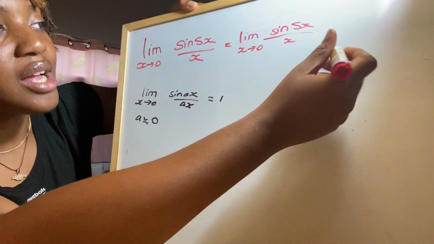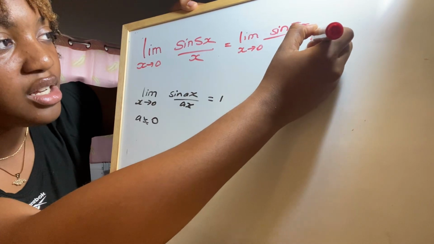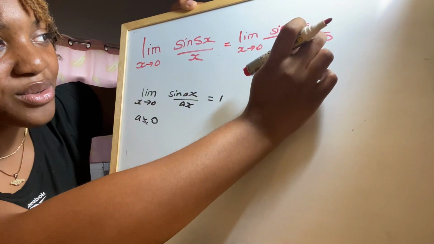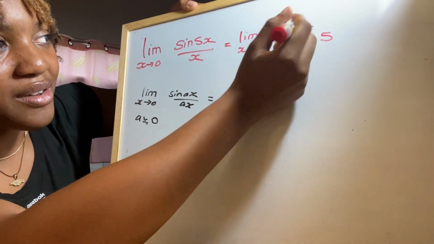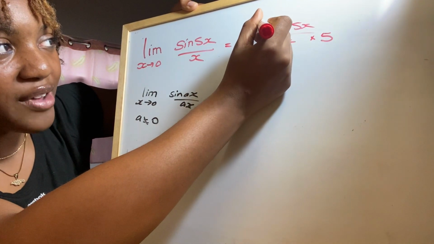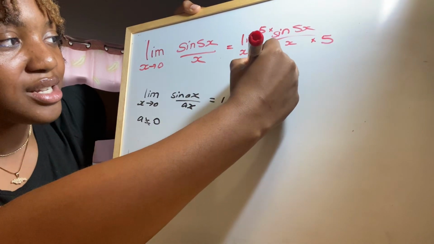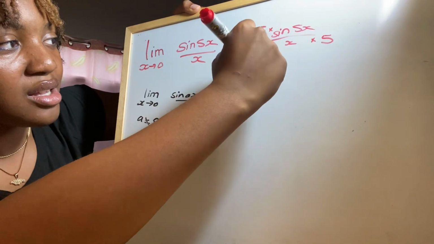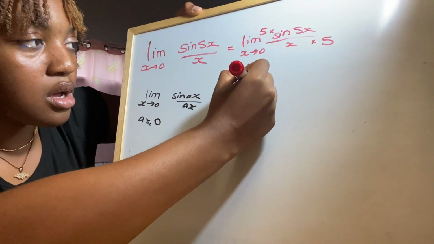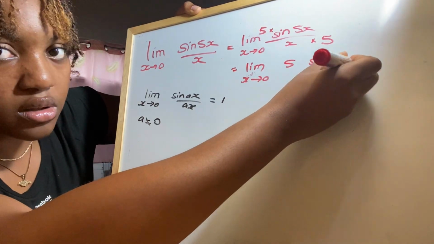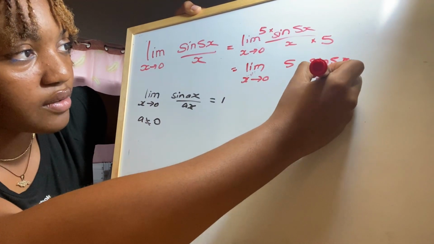What we're doing is multiplying the denominator by 5, and since we multiply the denominator by 5, we have to multiply the numerator by 5 as well, because we'll have to make it balance at the end of the day. So this is sine 5x over 5x.